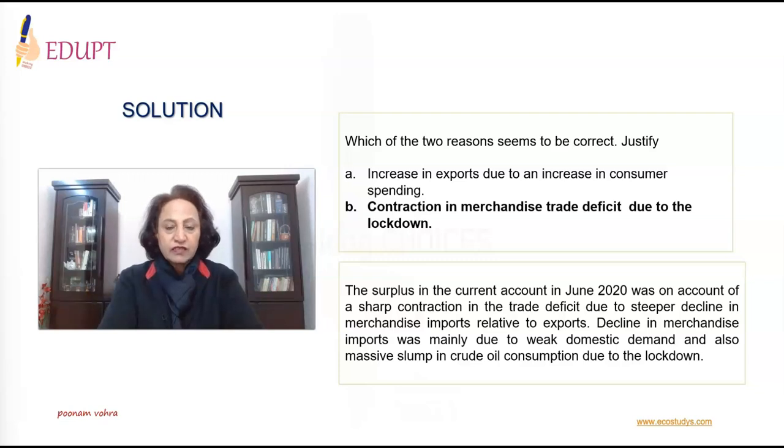As a result, there was decline in the merchandise imports. At the same time, there was a slump in oil consumption due to the lockdown. All these factors had resulted in sharp contraction in trade deficit, which was mainly due to decline in merchandise imports.